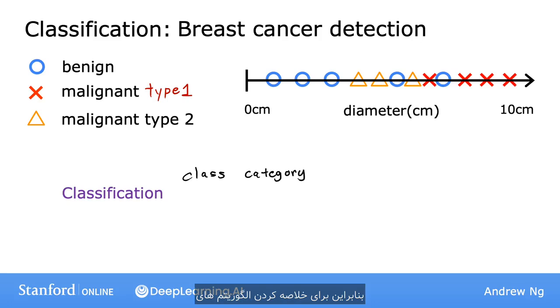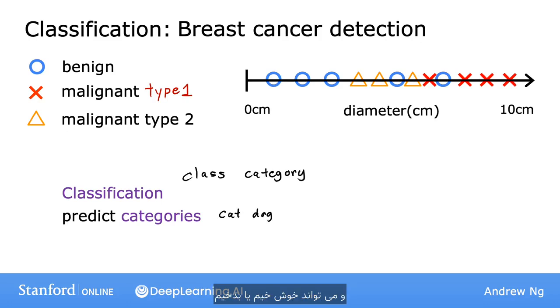So to summarize, classification algorithms predict categories. Categories don't have to be numbers. It could be non-numeric. For example, it can predict whether a picture is that of a cat or a dog. And it can predict if a tumor is benign or malignant.